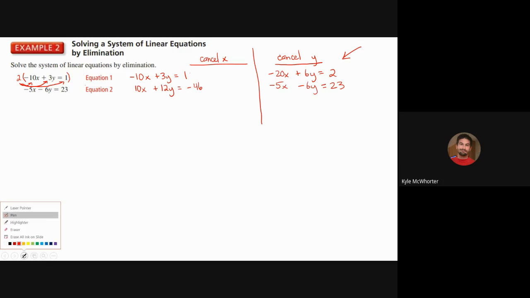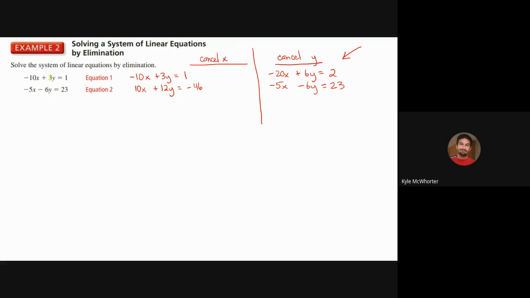But the thing that I want to point out here is that at the beginning, before we got any of this stuff, we had to look at our system of equations and decide which variable we wanted to cancel out, because we would only go one of these directions. The way I think about it is I will generally say, what would I have to multiply by, and which one would leave me with smaller numbers?